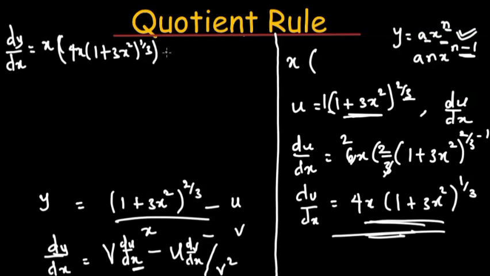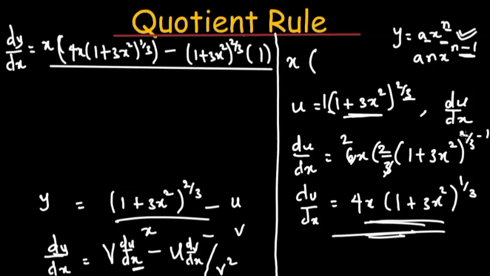So I have this minus u, which is the numerator, (1 plus 3x squared) to the power 2 over 3, multiplied by dv/dx, which is differentiating the denominator. When you differentiate x, you have 1. There's an error somewhere: 2 over 3 minus 1 is minus 1 over 3. So I have this as minus 1 over 3.